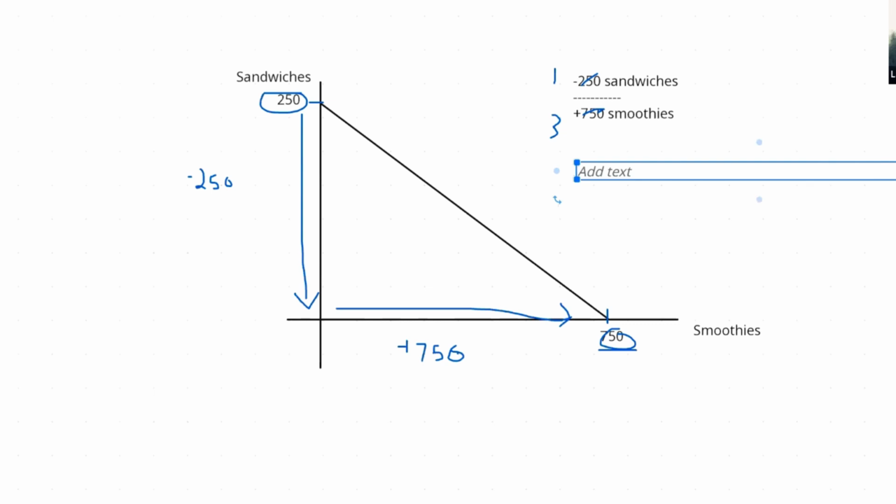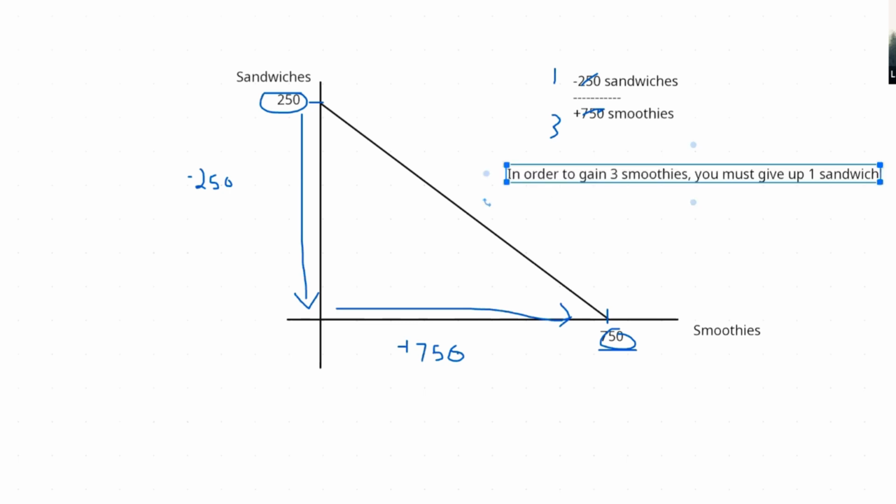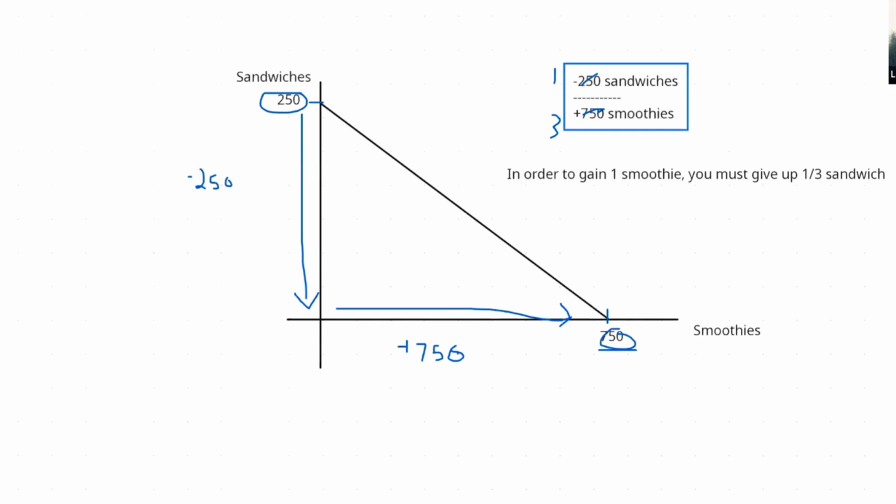Now, it might be easier to interpret, especially if we're going to use this for comparative advantage, to make the denominator 1. So if we want to gain 1 smoothie, we divide both sides by 3, so you give up 1/3 of a sandwich.